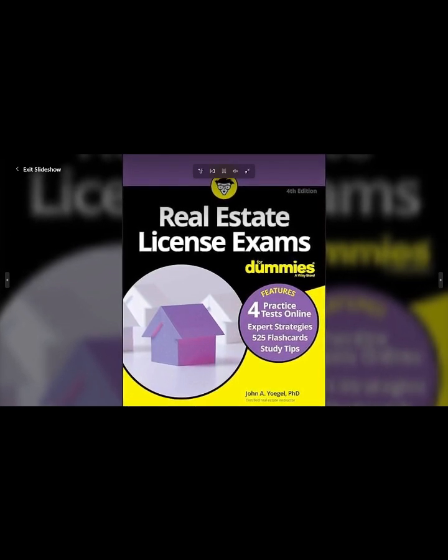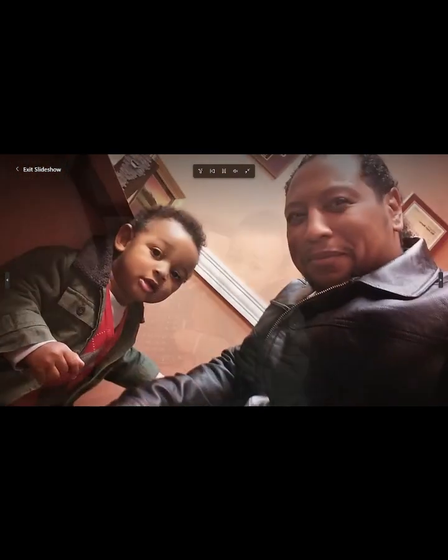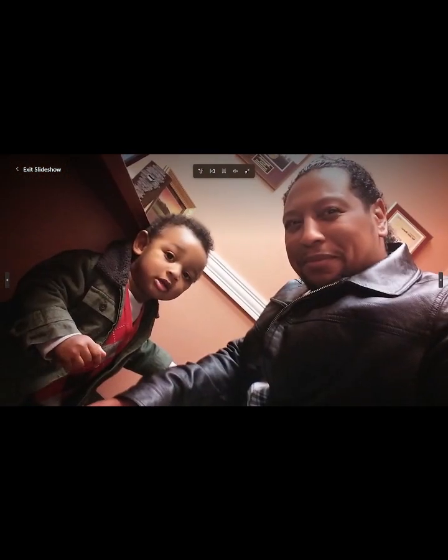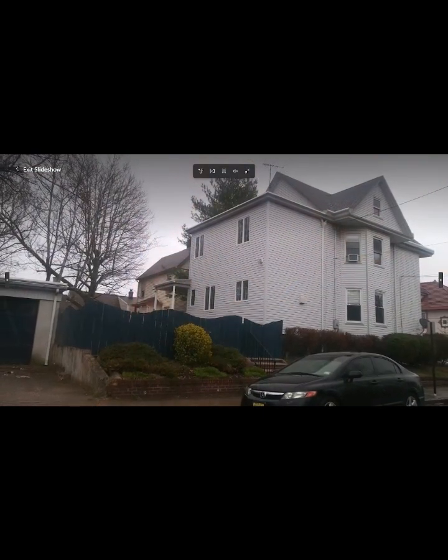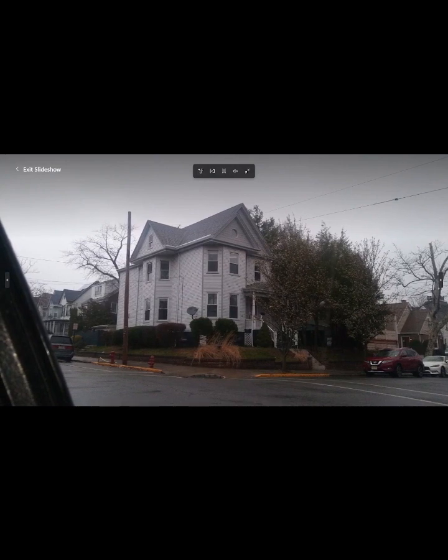Exam questions about the area usually focus on the issue of immobility being the reason location is such an important value characteristic. Unlike personal property, you can't move real estate. Think about this statement. It's what makes real estate so unique and location so important.